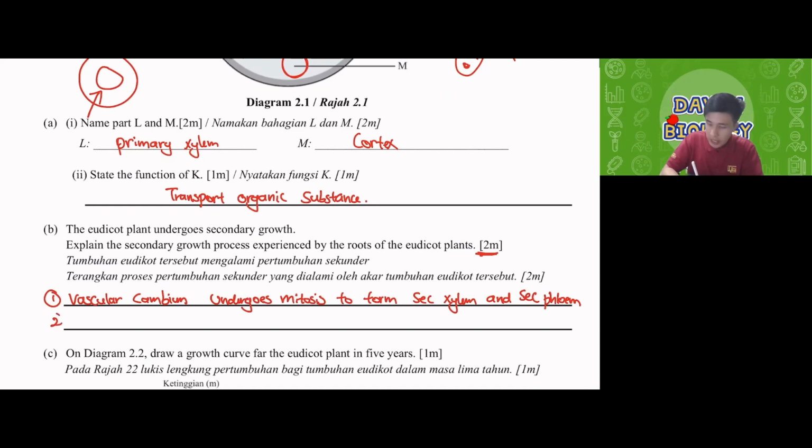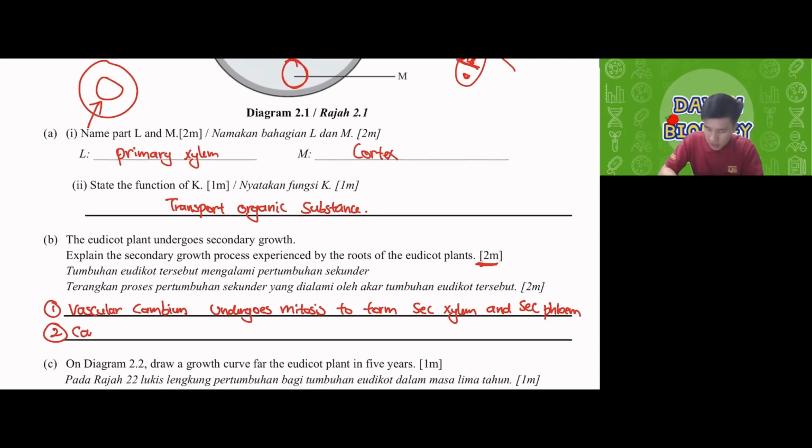Next, you can also say, no matter what plant you are, as you undergo secondary growth, you will become thick. So you can say, and causing the root to increase in diameter.